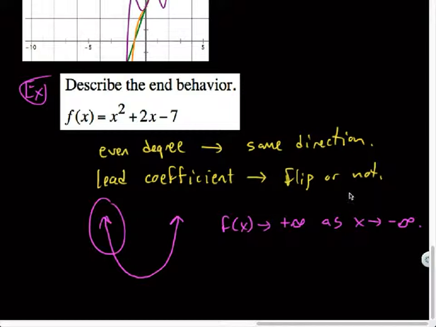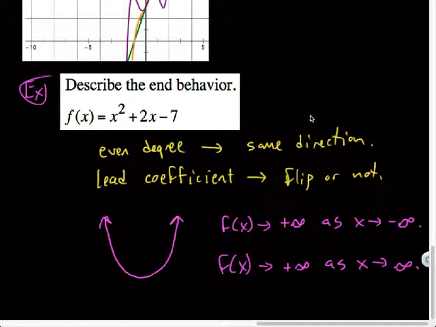Essentially, that's math speak for it goes up as it goes to the left, right? And now let's describe this side. F of x approaches, it's going up, so that's positive infinity, as x is going to the right, that's positive infinity.